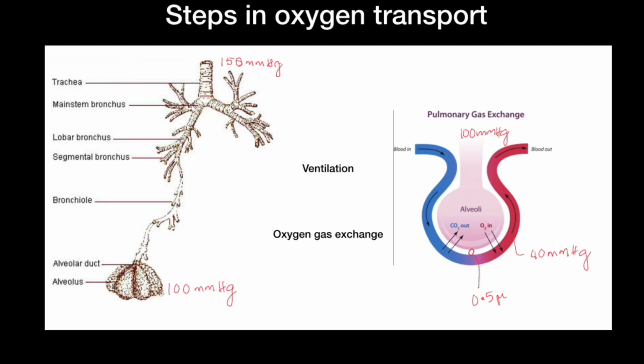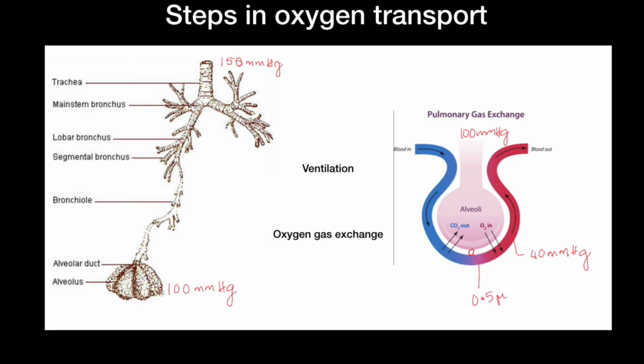The first step of oxygenation is ventilation. So we will be talking more about ventilation in this slide. So how do gases exchange from one area to other? The movement of gas from one area to other is from higher pressure to a lower gas pressure.